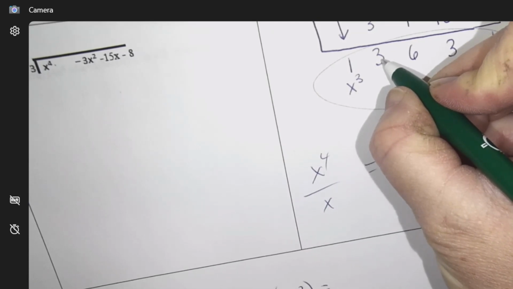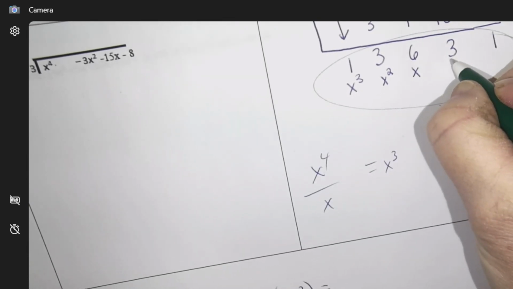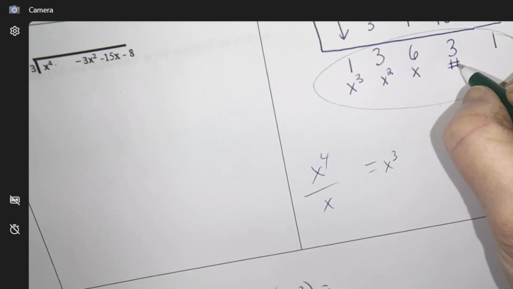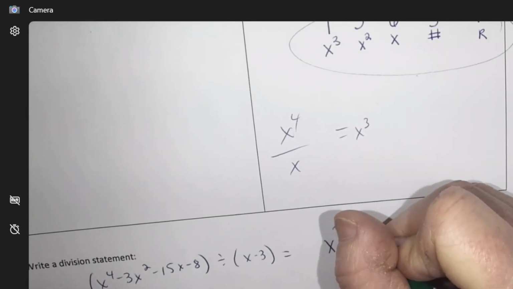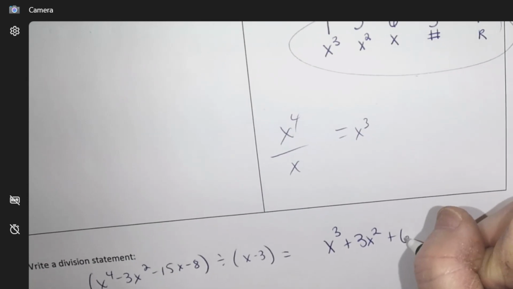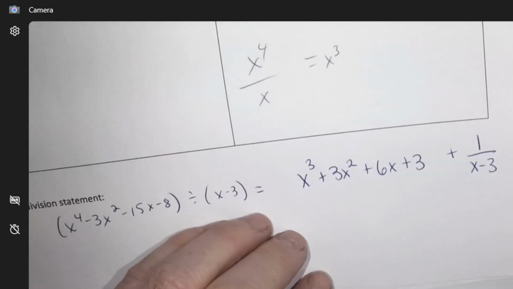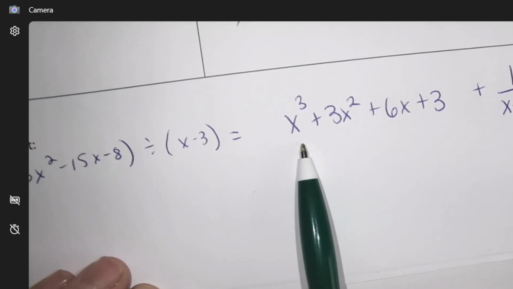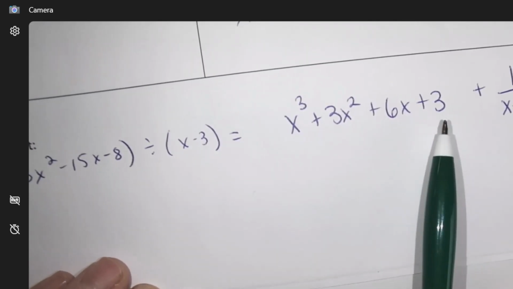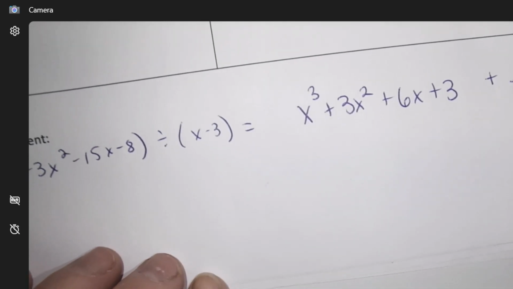What do you think this is going to be? x squared, x, the next in order is just the number, and then this is a remainder. Okay, so this is how you write it. And then the remainder looks like this, 1 over the factor, like that.